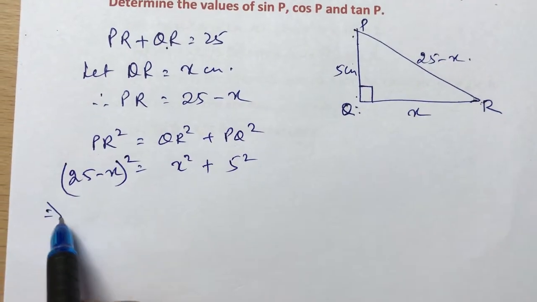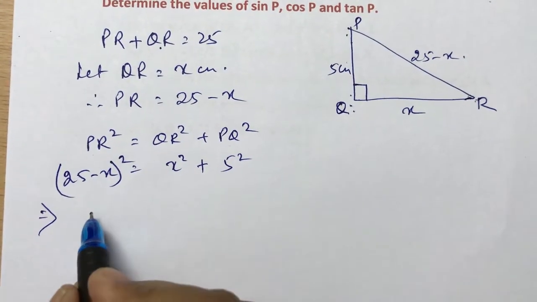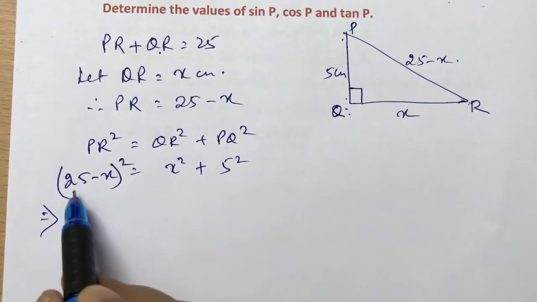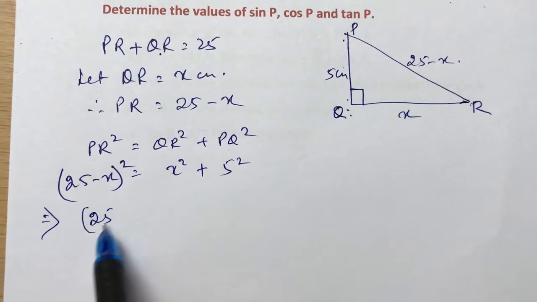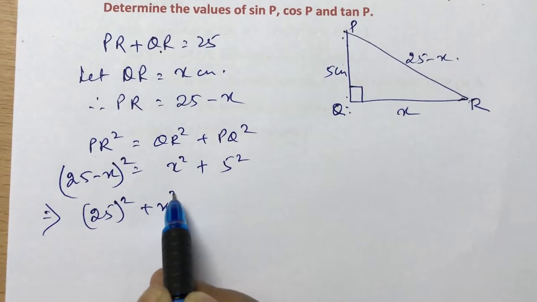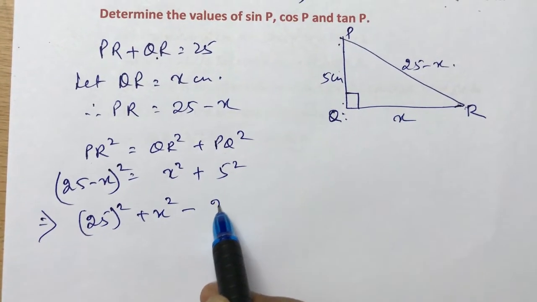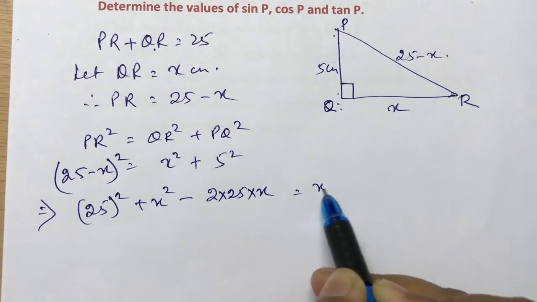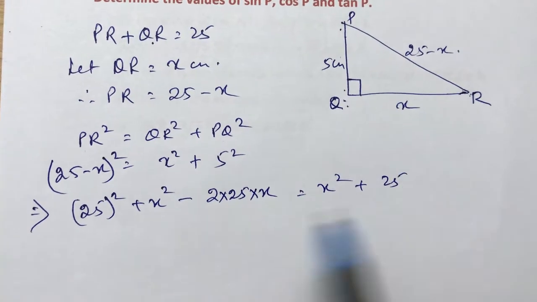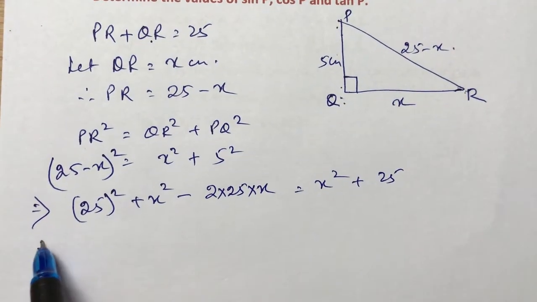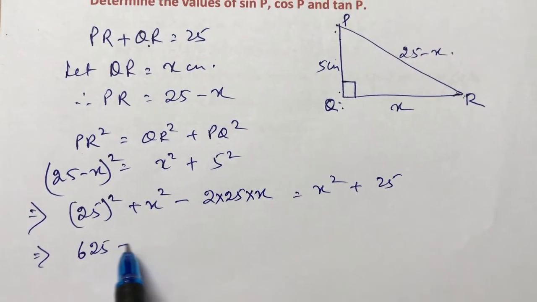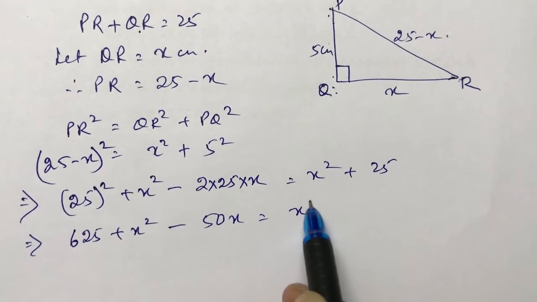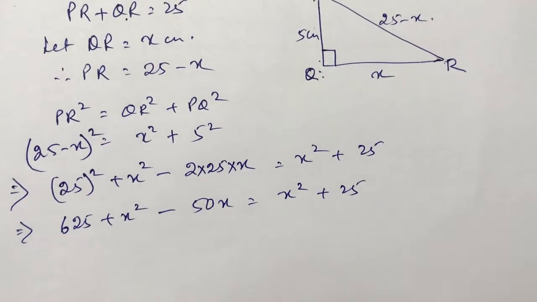Now let me open this one. A minus B whole square is A square plus B square minus 2AB. So 25 whole square plus X square minus 2 into 25 into X is equal to X square plus 25. So 625 plus X square minus 50X is equal to X square plus 25.